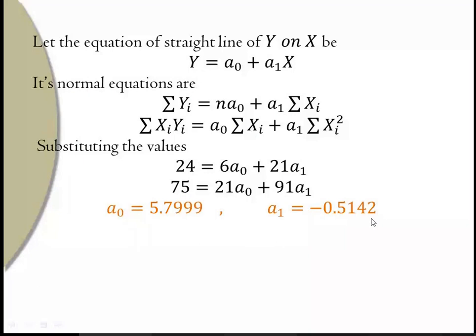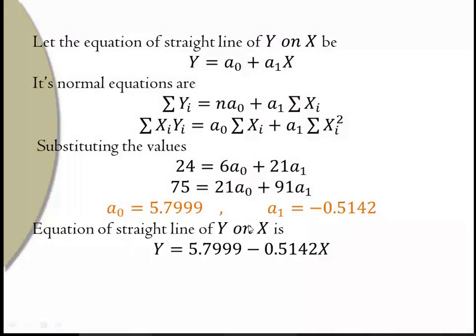You can do this calculation on a calculator directly. Okay. Now put these values of a0 and a1 into the given equation, the first equation. So the value of y is 5.7999 minus 0.5142x. So this is the equation of straight line y on x.